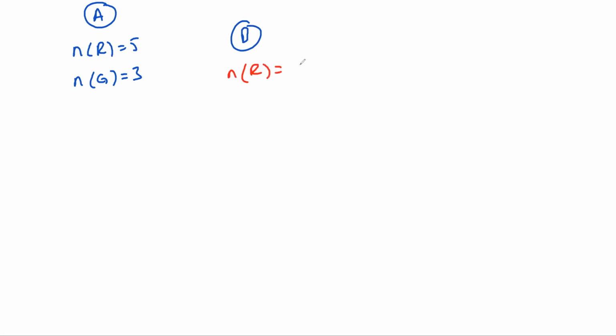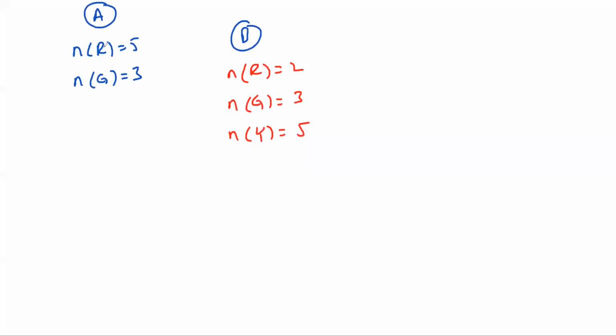Yes, sir. Okay, suppose I give you a question: there are 5 red balls and 3 green balls in box A. Box B has 2 red balls, 3 green balls, and 5 yellow balls.